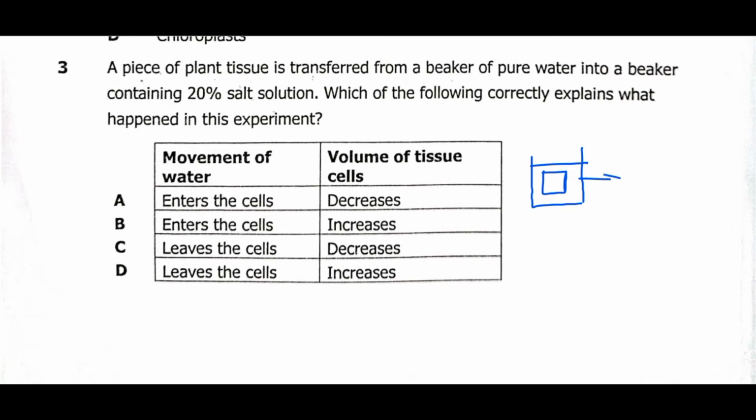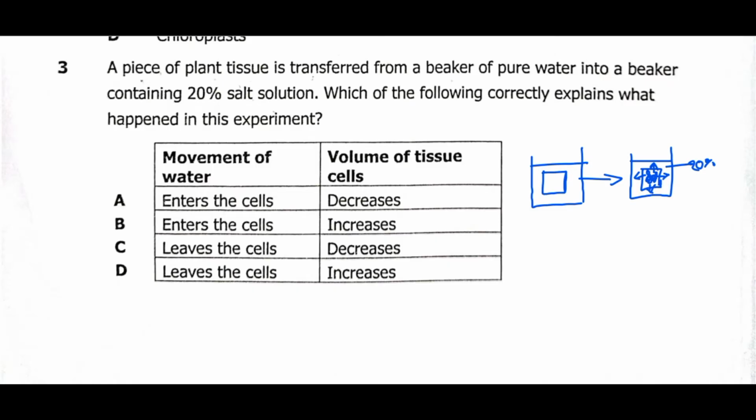Then if the same tissue is taken into a 20% salt solution, this means that there is a higher concentration of water molecules in these cells. So the water will move from the tissue into the surrounding solution. So that is the point here.